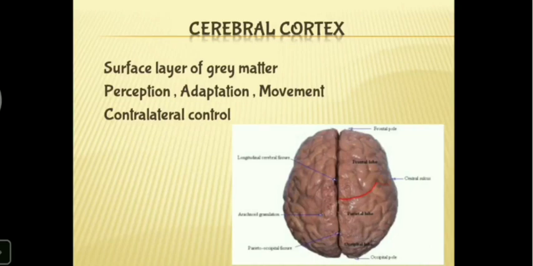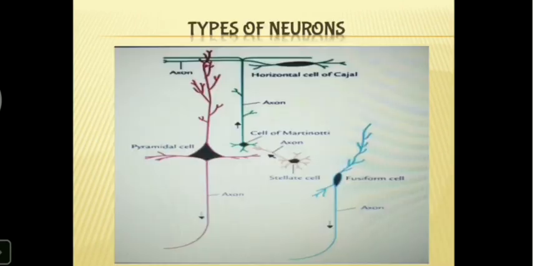And the cerebral cortex varies phylogenetically, that is evolutionarily. The oldest part is called the archicortex, and the recently developed is called the neocortex, and the intermediate part is called the paleocortex. And the cerebral cortex consists of nerve cells, synapses, and neuroglia.